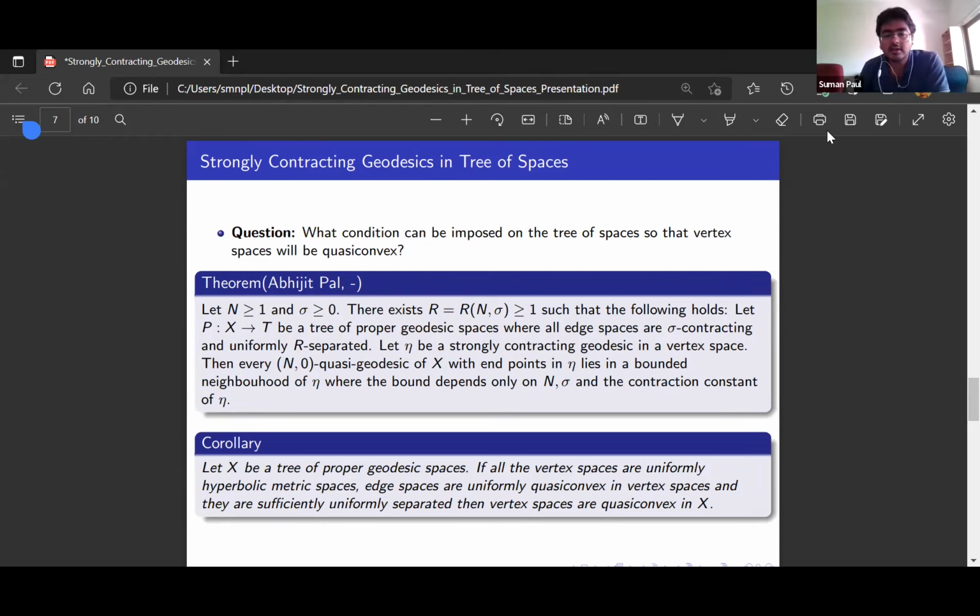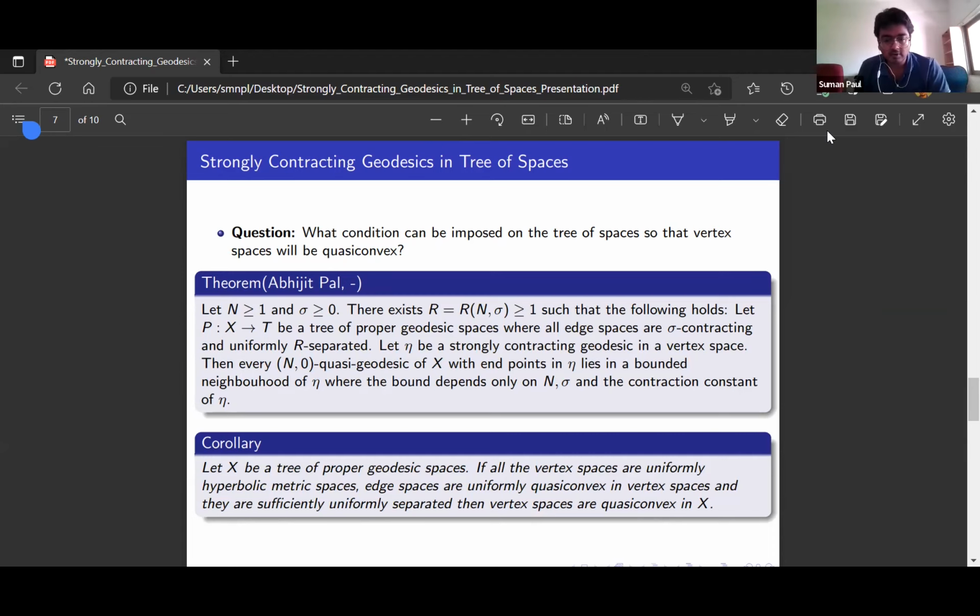So we have done it for strongly contracting geodesics. Okay, so we take a tree of spaces and we take a strongly contracting geodesic in a vertex space, which, as we have already said, is the hyperbolic part of the metric space.